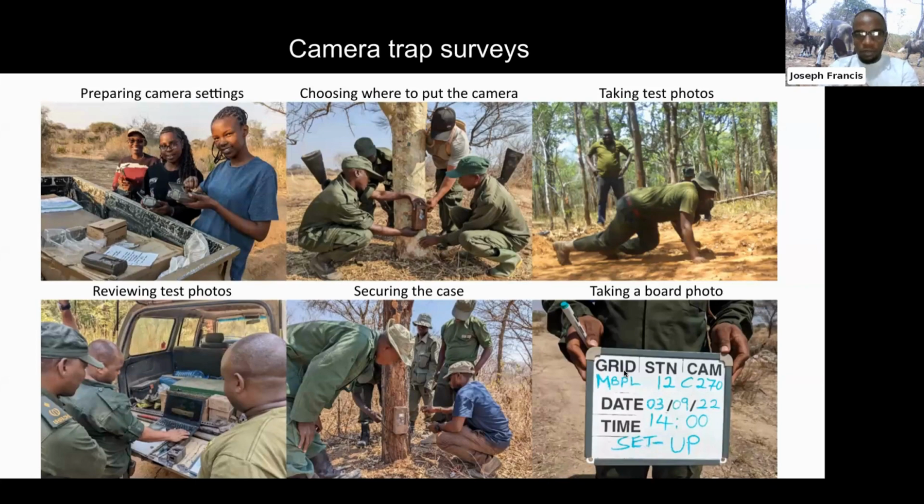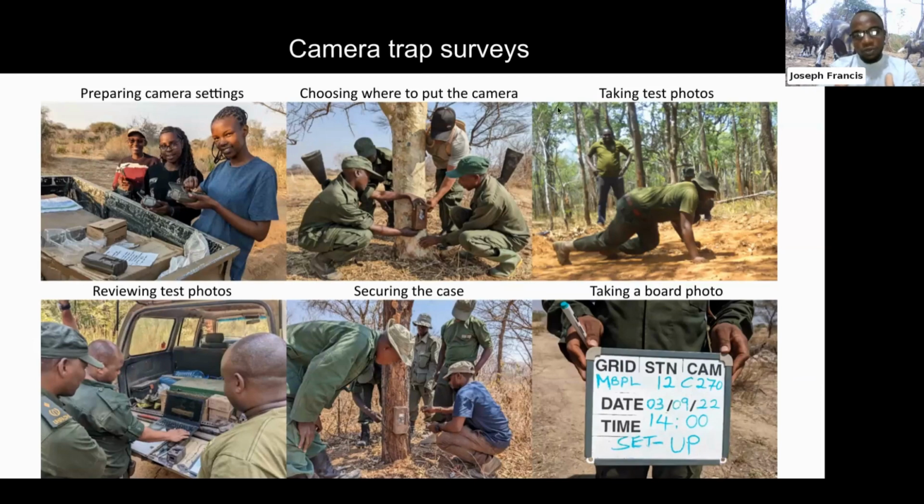We always keep our camera traps in strong metal cases to prevent any damage, especially from curious animals like hyenas, elephants, and sometimes baboons, who seem to have a talent for taking unintentional selfies.